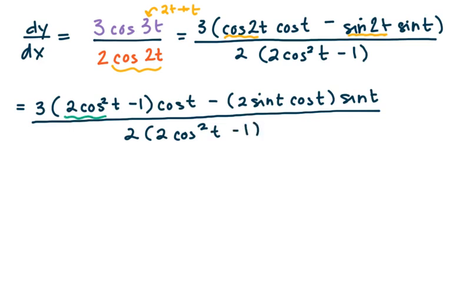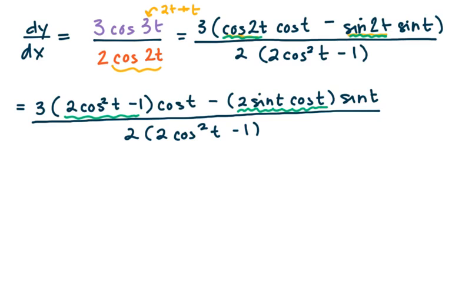So this was my cosine double angle, and then the 2 sine t cosine t was my sine double angle. So I'm reducing those variables in the argument of my trig functions down to a single variable. At this point, we've got some substitutions that we can do.